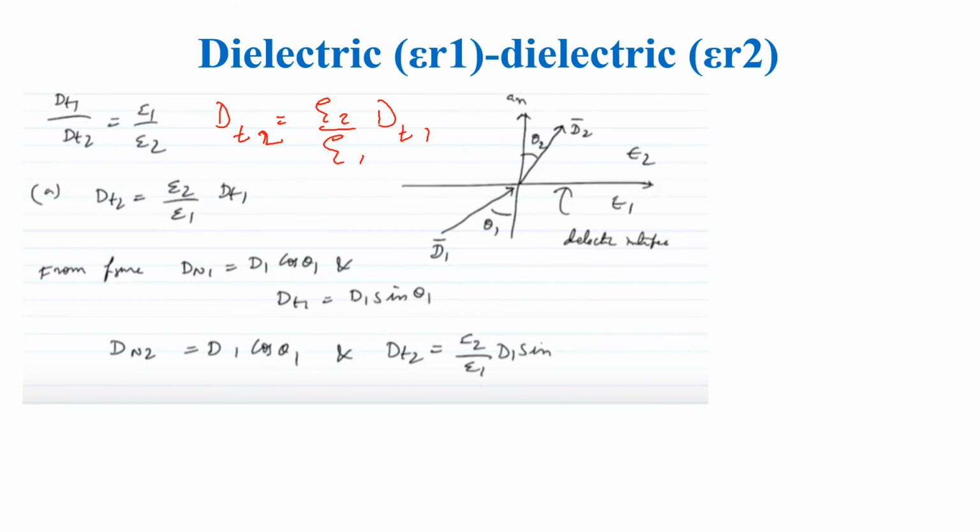So if you know the values of epsilon 2 and epsilon 1, or the relative permittivity values, we can find the tangential component in the other medium.